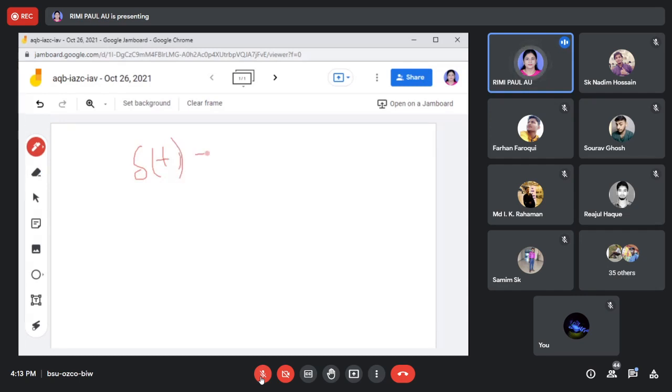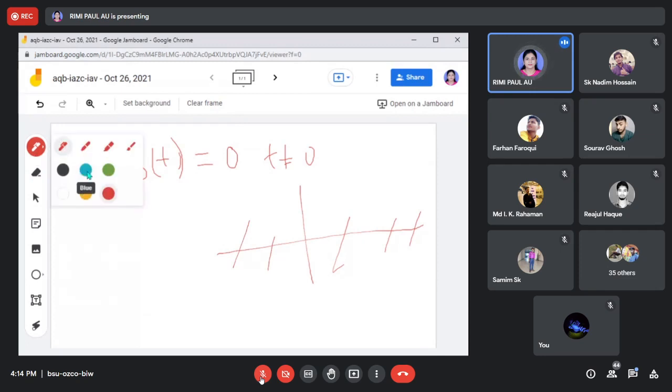This impulse signal is equal to 0 when t is not equal to 0. That means all this portion, the value is 0. Only at t is equal to 0 do we get a value, which I will describe. So at t is equal to 0, this will be 1.